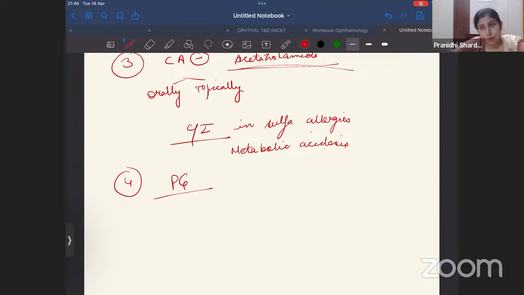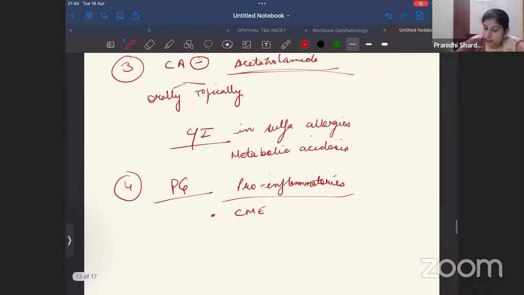The fourth class of drug, prostaglandin analogs. We always know prostaglandins are pro-inflammatory. They are involved in the inflammatory cascade of arachidonic acid. So they are pro-inflammatory. That is why they can cause cystoid macular edema.